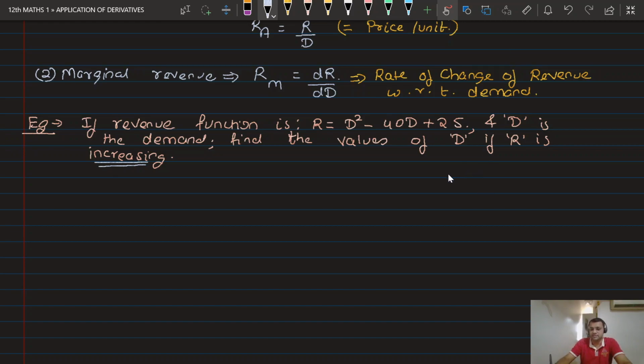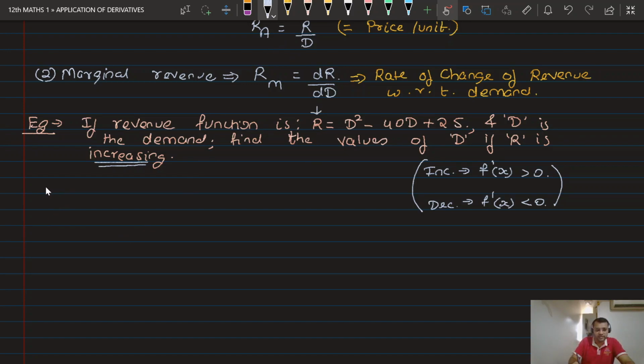We had seen that for an increasing function, the value of f dash x was greater than 0, and for a decreasing function, the value of f dash x was lesser than 0. So we have to apply this concept over here in this particular question with the revenue function. So let us see how we can do this.